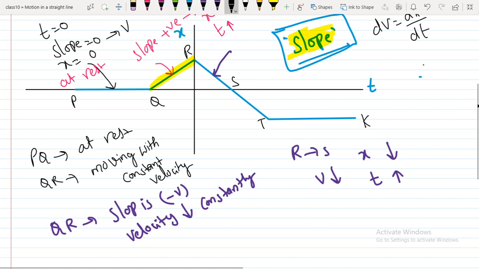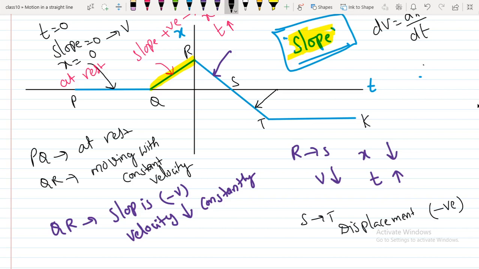Now from S to T, the displacement is negative in this segment. Suppose I draw a line, so here it is the negative displacement axis, here it is minus x.